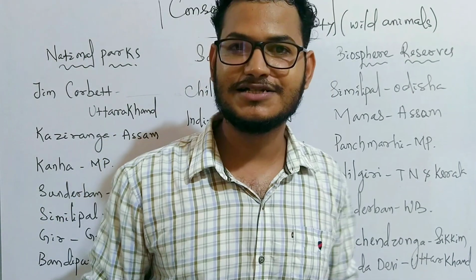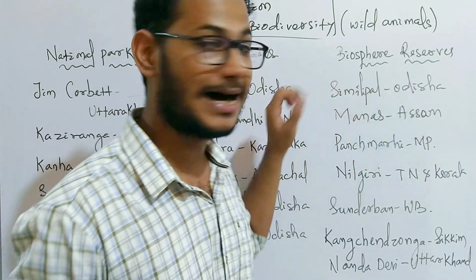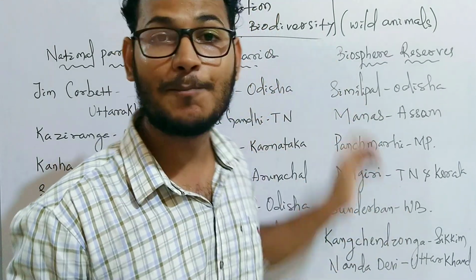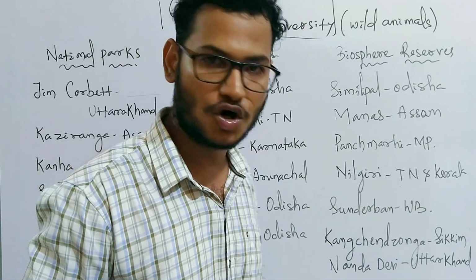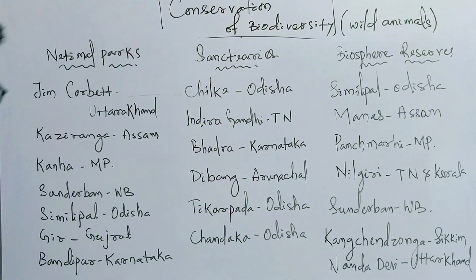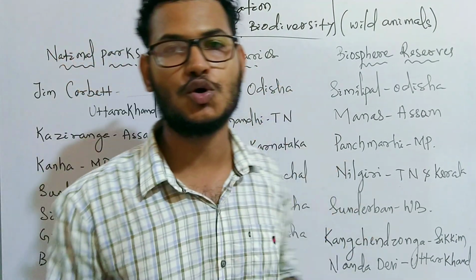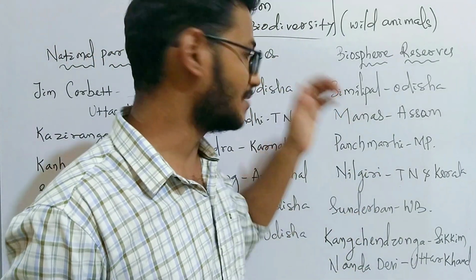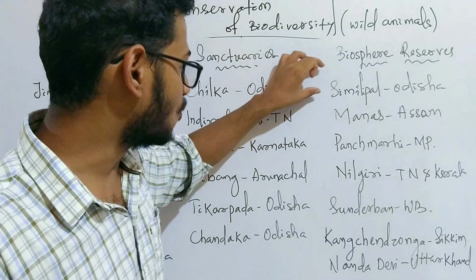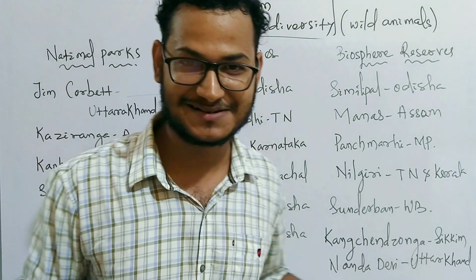In Biosphere Reserves, we have Simlipal Biosphere Reserve, Odisha. I told you that inside the Biosphere Reserve, maybe one or more national parks are also present, so you can also see Simlipal National Park in the list of national parks, which is also included in the Biosphere Reserve. So no confusion in this, because the Simlipal Biosphere Reserve in Odisha occupies the Simlipal National Park inside it, right?